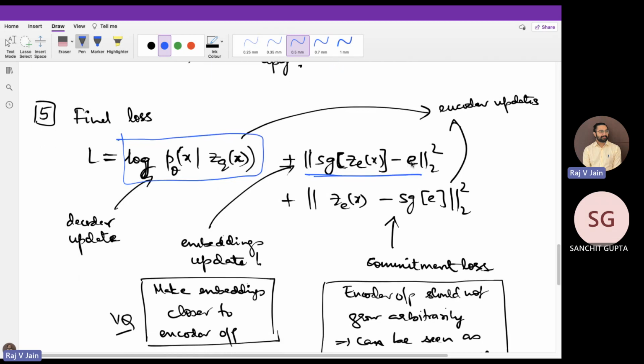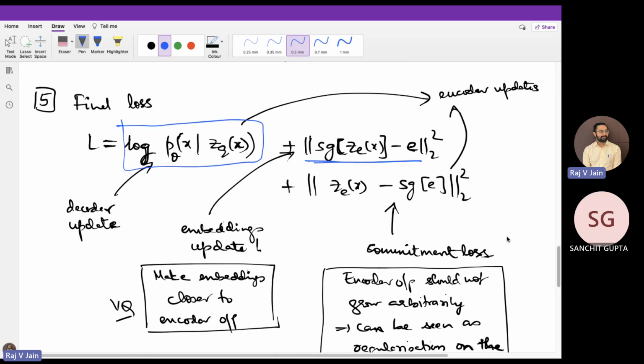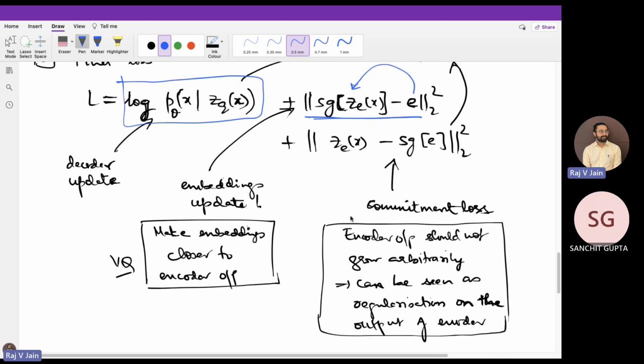Now, then what they do is they add this term, the encoder output, and this E is your embedding layer that you have, right? This is again based on the idea of vector quantization. You want to make embeddings as close as possible to the encoder outputs. This SG stands for stop gradient.